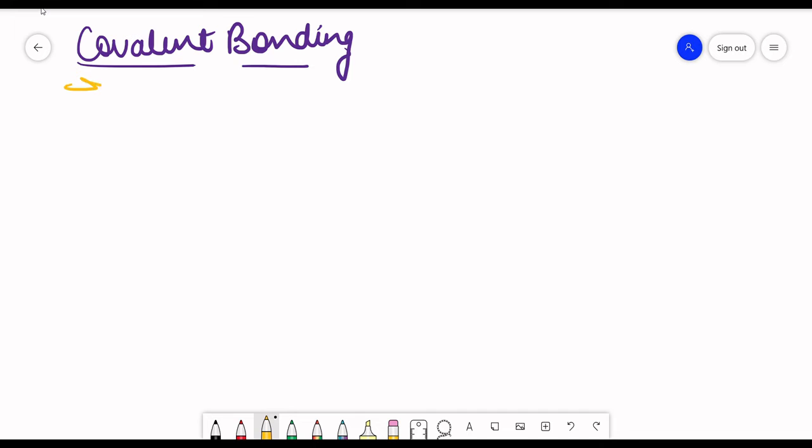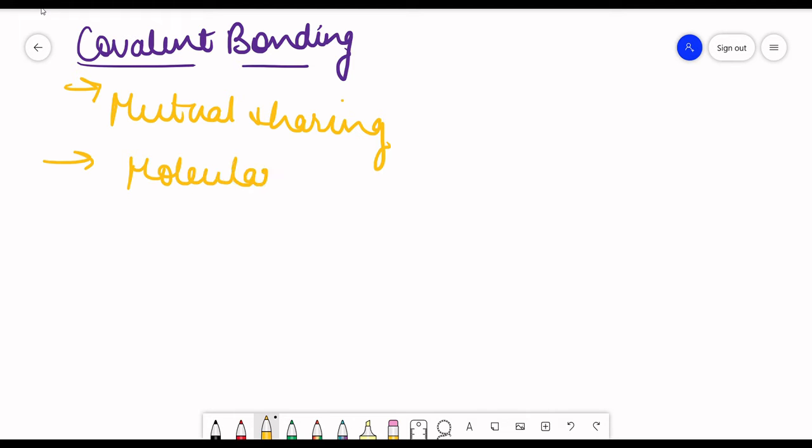If we talk about covalent bonding, then covalent bonds are the chemical bonds formed between two combining atoms by mutual sharing. An important point to notice is mutual sharing, in which both atoms share the electrons. They can be pairs of electrons. This bond is known as covalent bond or molecular bond, correct?